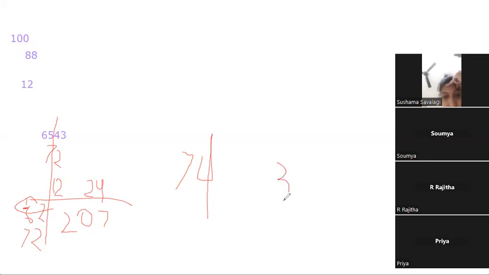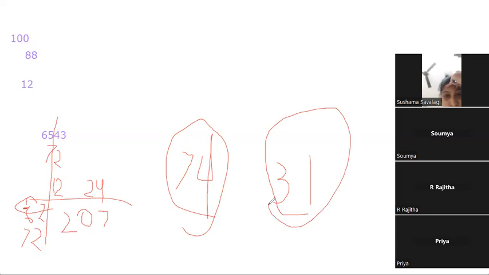So that makes 31. So this is your quotient and this is your remainder. Please do this question on your own in your notebook to understand. All of you do this question.